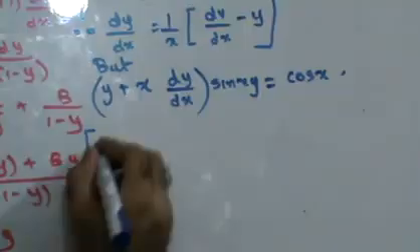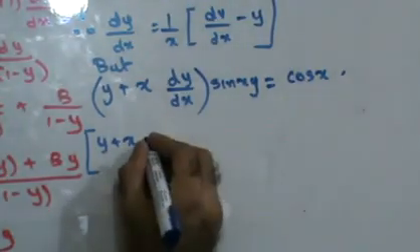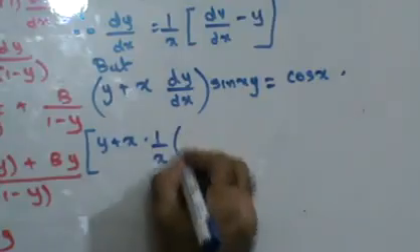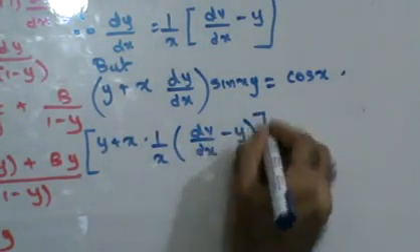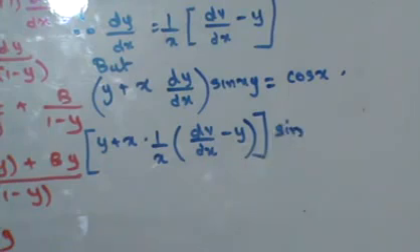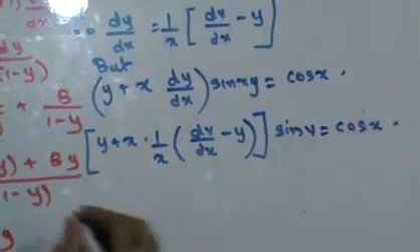So in which case you can say y plus x dy by dx, I just found out, is nothing but 1 upon x dv by dx minus y, into sin xy. They've said that the value of xy is v.